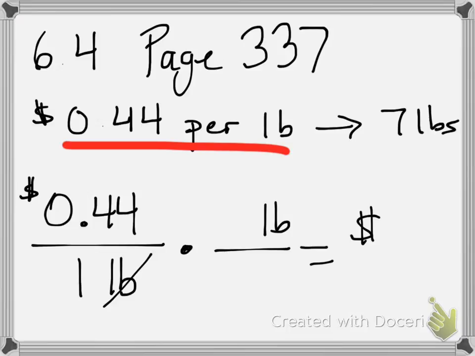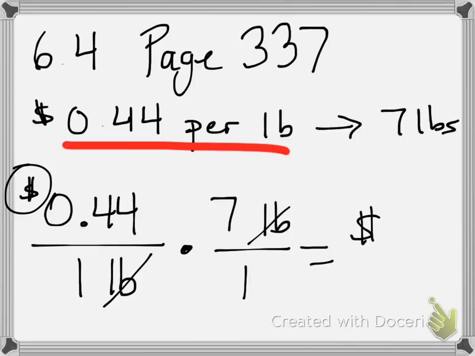Now we're not going to be doing any conversion, so we're just going to make 7 pounds a fraction, so 7 over 1. If you notice, the pounds cancel, and I'm just left with the money, and that's what we want here at the end.